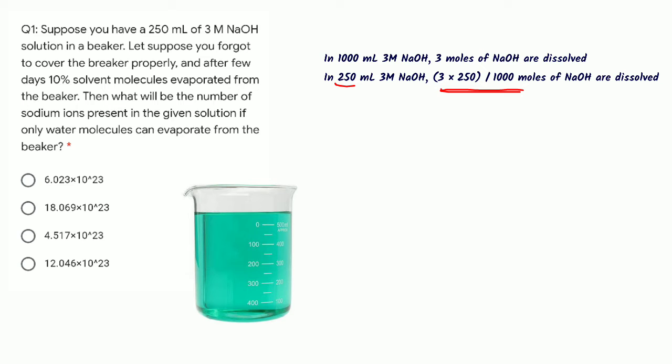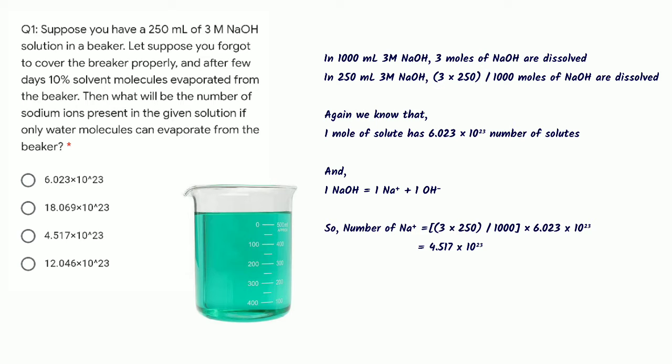After dissolving that amount of sodium hydroxide, what will it form? Sodium hydroxide will form sodium positive and OH negative ions, and we know that 1 mole of sodium hydroxide will form 1 mole of sodium positive and 1 mole of OH negative. Clear?